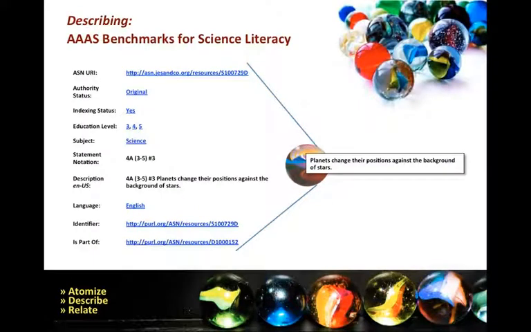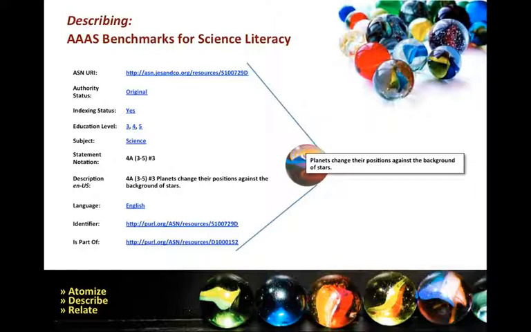And we saw when we looked at the Common Core State Standards, and we looked at that one statement, how rich the data was. And here we see an illustration of that with something from the AAAS. Planets change their positions against the background of stars. That's the little piece of text that is the achievement standard.